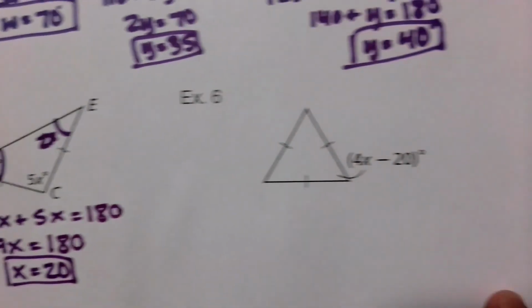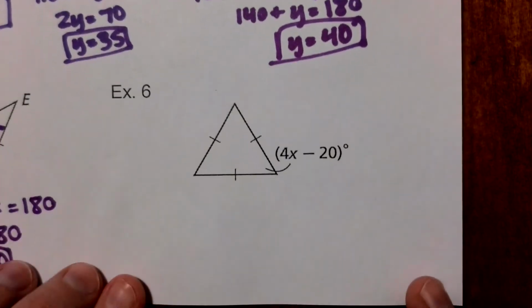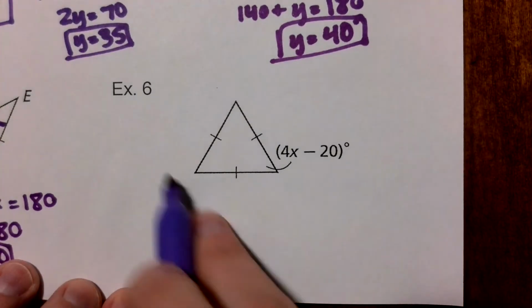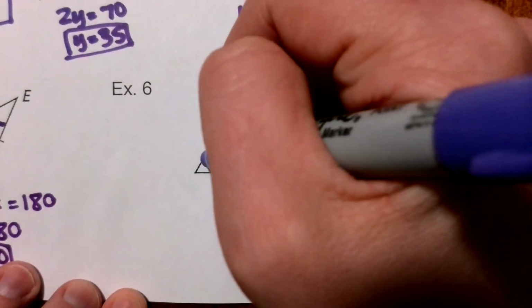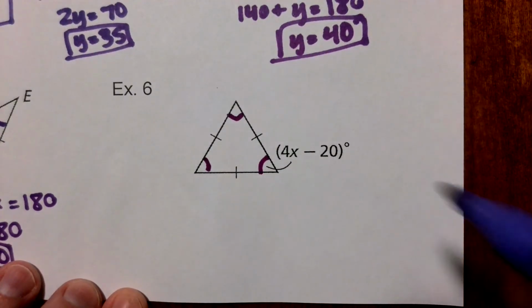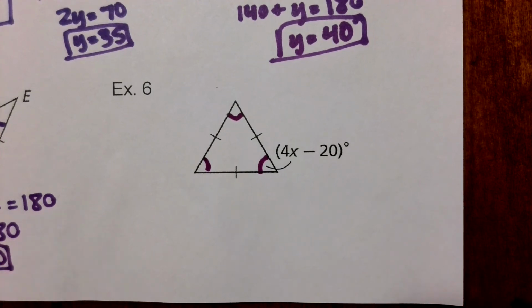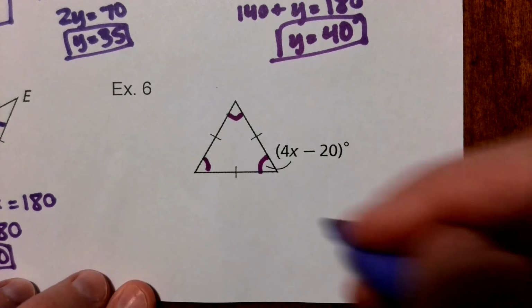Alright, and then our last example, example 6, we've got an equilateral triangle, so we know that it is also equiangular. Furthermore, we know that each of those angles is 60 degrees, so if it feels like you don't have enough information, that might be the case for an equilateral triangle. We just automatically know that the angles are all 60 degrees.